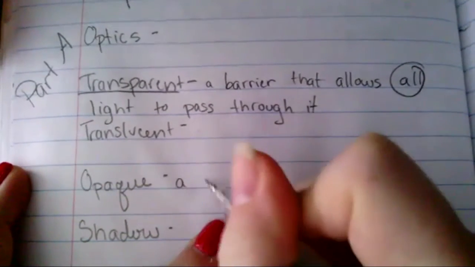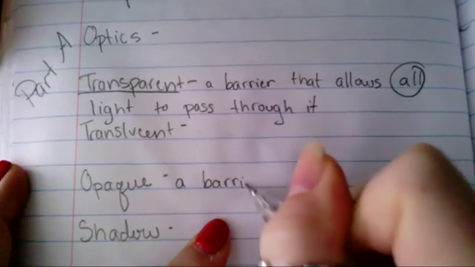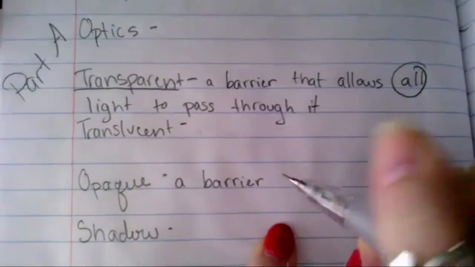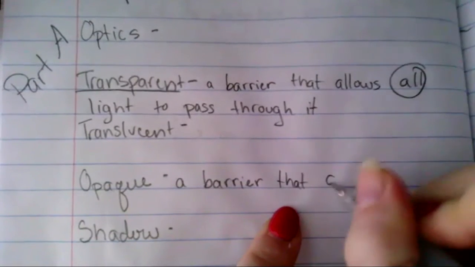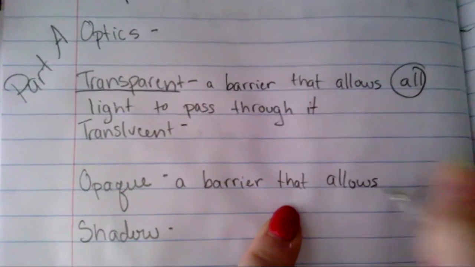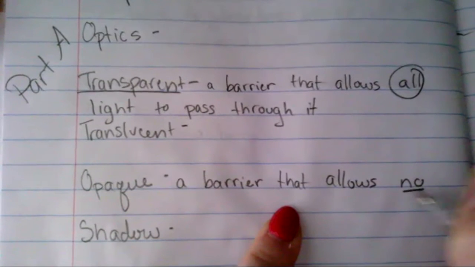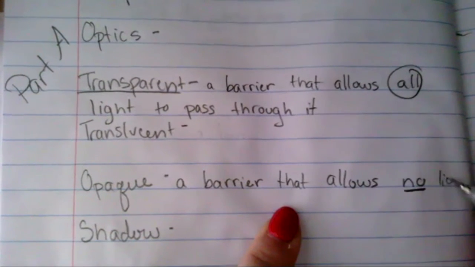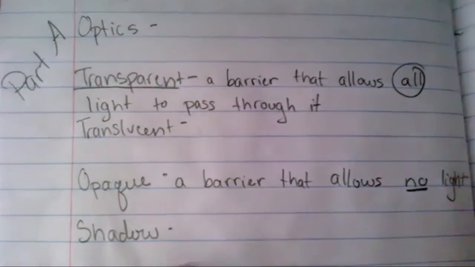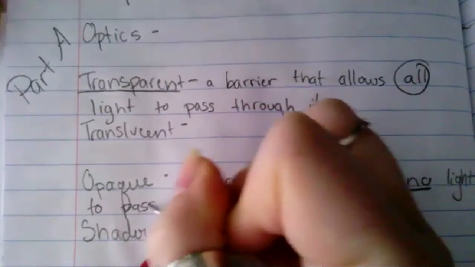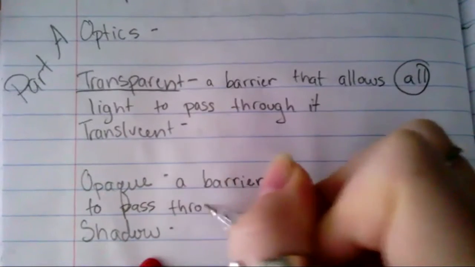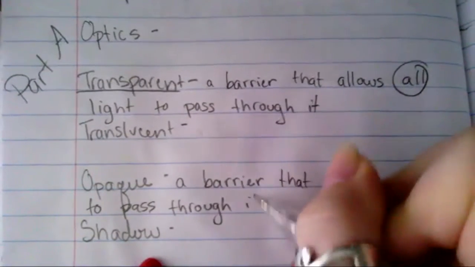So it is a barrier, like a gas or a liquid or a solid, a barrier that allows no light to pass through it.